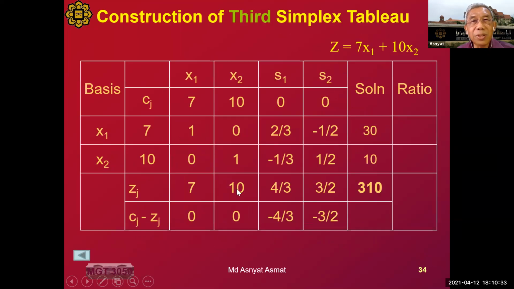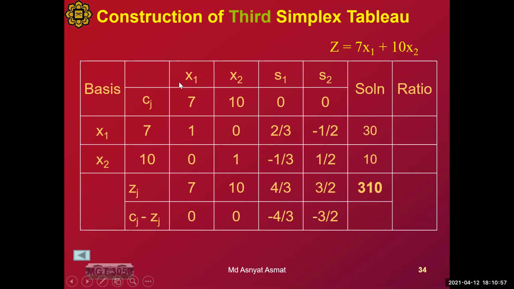Okay, let's move on. This is the third solution. Just now, s1 leaves, x1 enters. So this is the third tableau. What's the value of x1? 30.